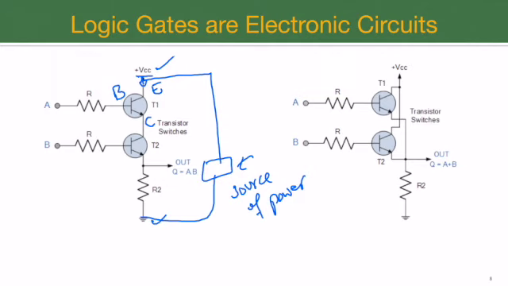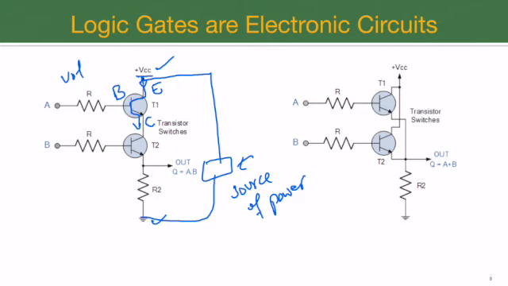If we apply some voltage at the base, the voltage on the emitter side is transferred to the collector side. On the other hand, if no voltage is applied to the base, there will be no voltage on the emitter-collector side.